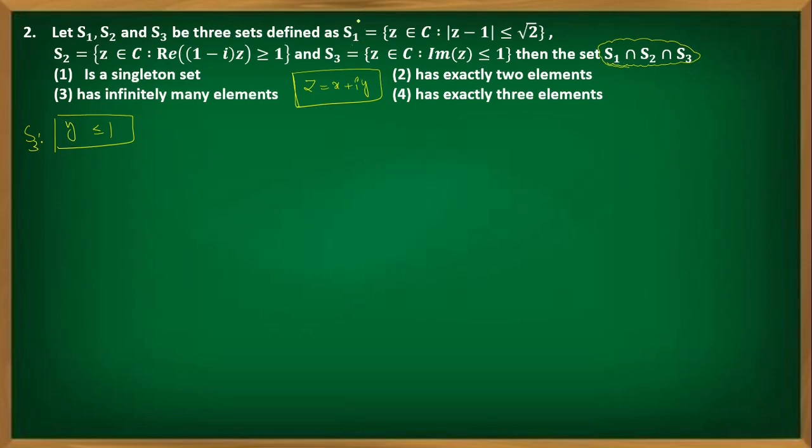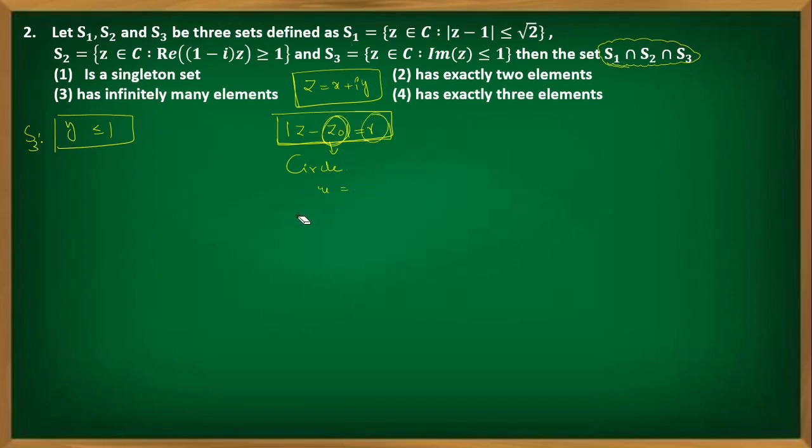Now before explaining S1, I'll tell you first the standard form. Modulus of z minus z naught is equal to r is a circle. This is a circle equation in complex numbers. If it is a circle, you must know what the center is. The center of the circle is z naught, and the radius is r, the right hand side number.